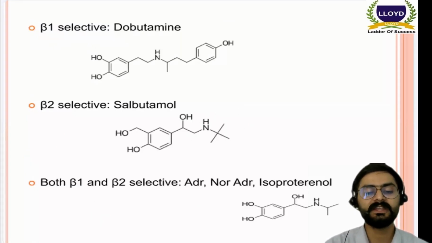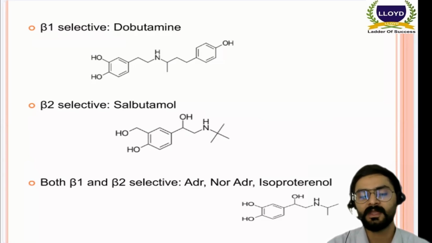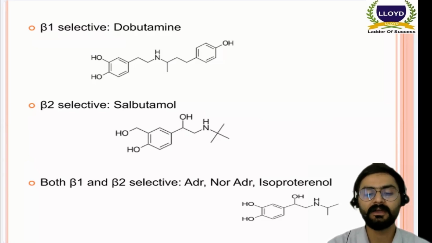Beta 1 agonists increase heart rate and contractility, example is dobutamine. Beta 2 agonists cause bronchodilation, example is salbutamol and terbutaline. And lastly, beta 3 agonists are involved in lipolysis and bladder relaxation, example is mirabegron.